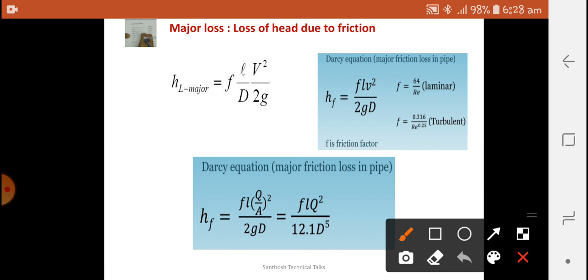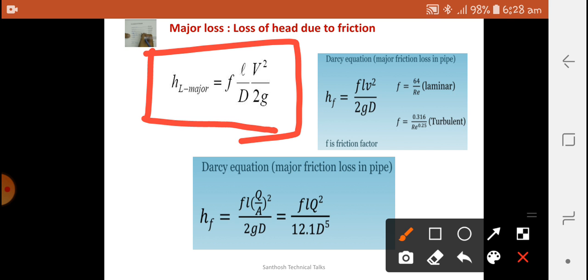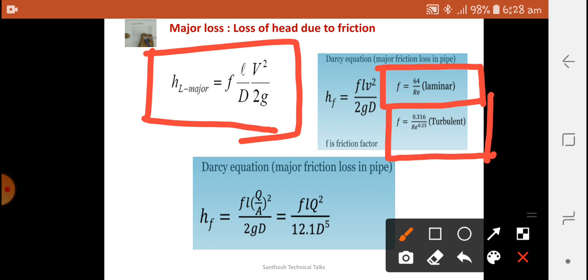I have given a generalized formula like this: f L V square divided by 2gD. If it is a laminar flow, f is 64 divided by Re, and if it is a turbulent flow, it is 0.316 divided by Re power 1 by 4, or 0.25.